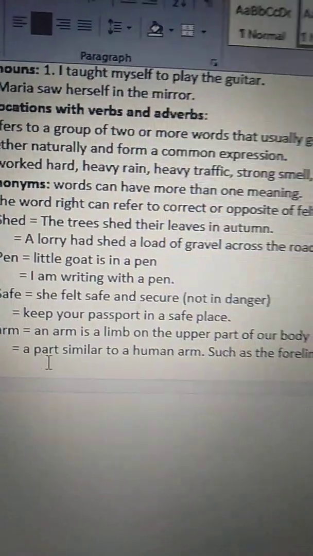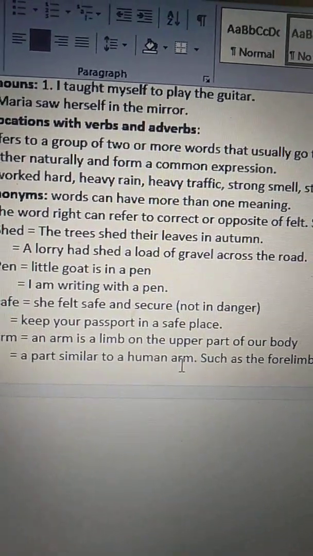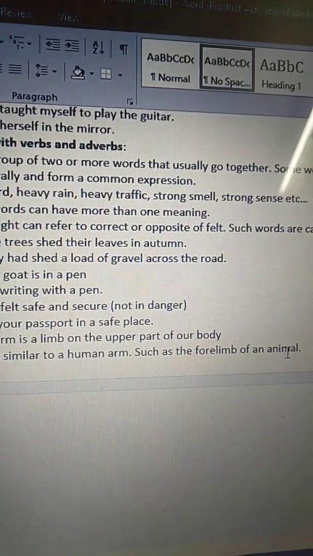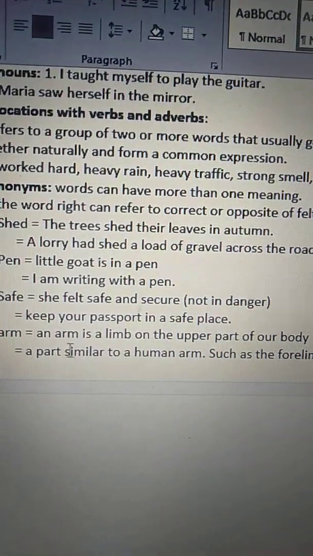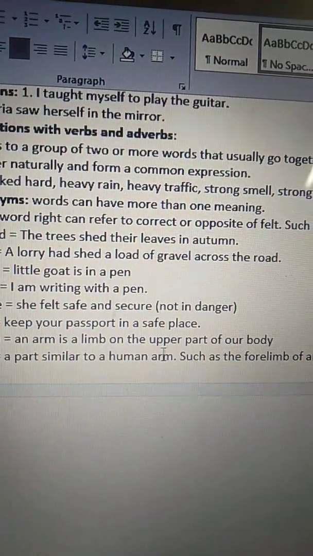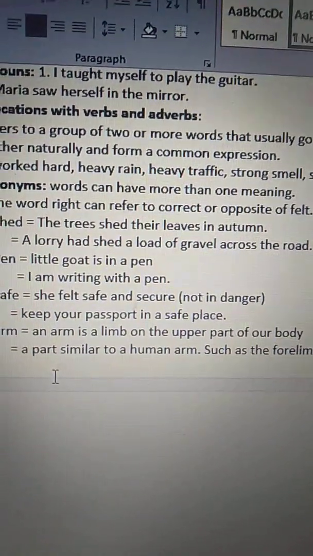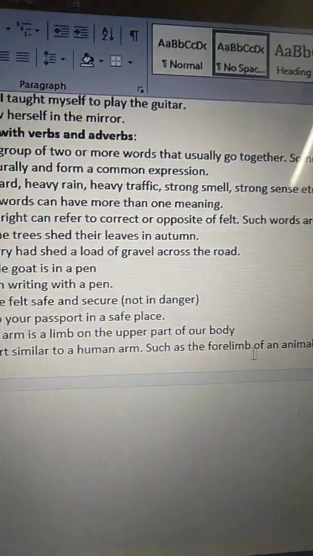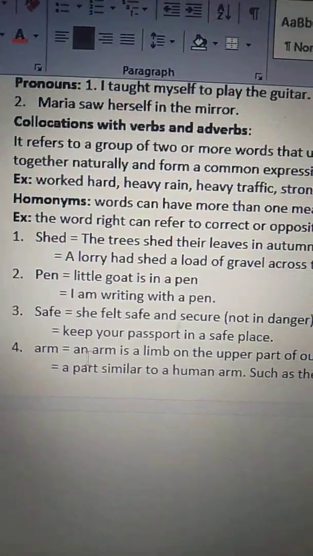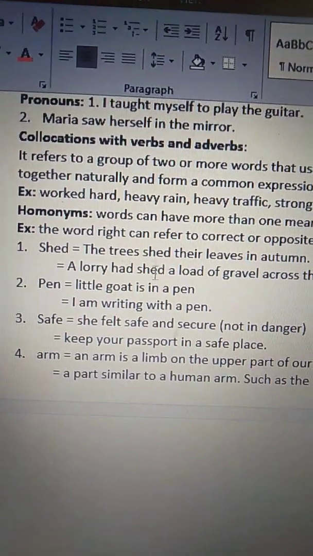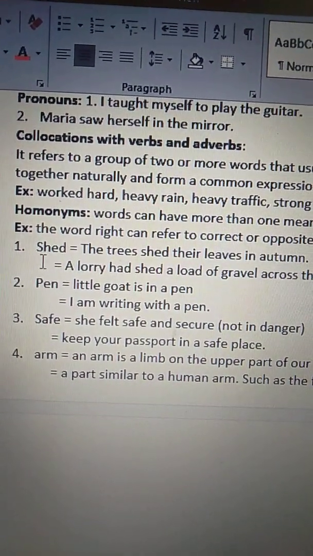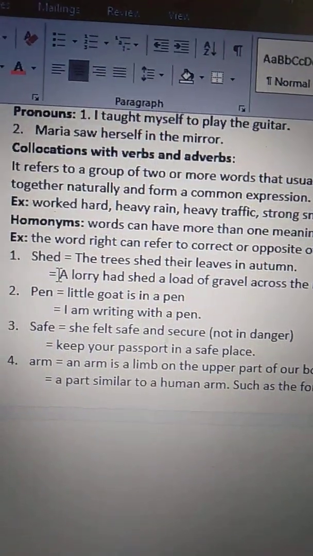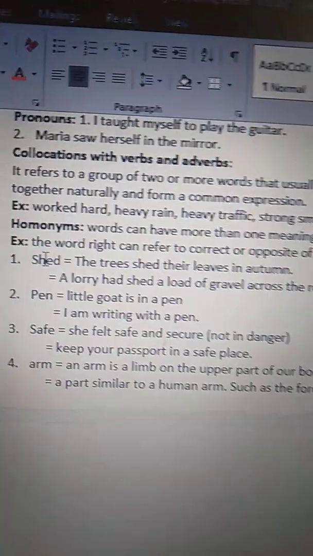See here, a part similar to a human arm, such as the forelimb of an animal. In this way, we can frame sentences in different ways using the same word. These words we call homonyms.